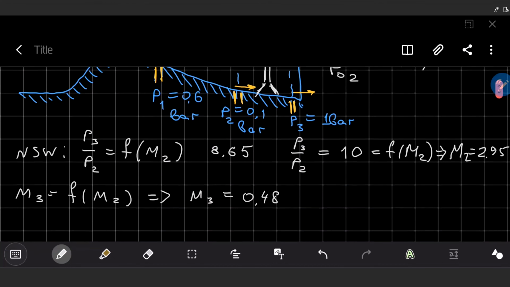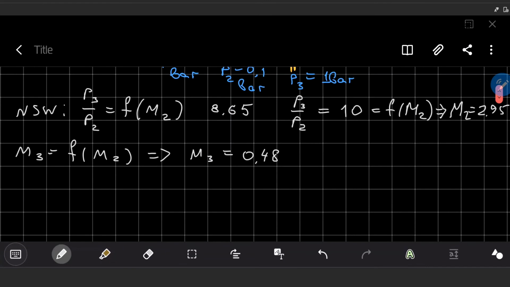The isentropic relations, again, are known from Chapter 8. Let's write the following. They are also known from Appendix A, so you can use our formula or Appendix A. We can write from the formula that P0, which is constant in the first and second measurement of pressure, divided by pressure 1, is some function of Mach number at point 1.